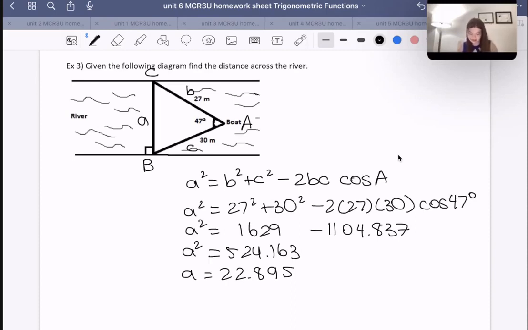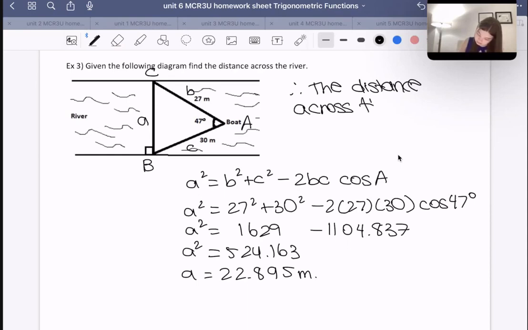Well, that's a lot of decimal points, more than I might normally give, but that is my answer: it's going to be 22.895 meters approximately. So therefore, the distance across the river is 22.895 meters.